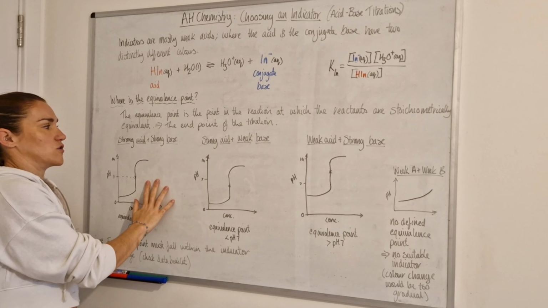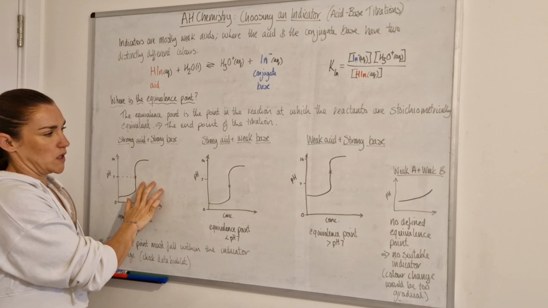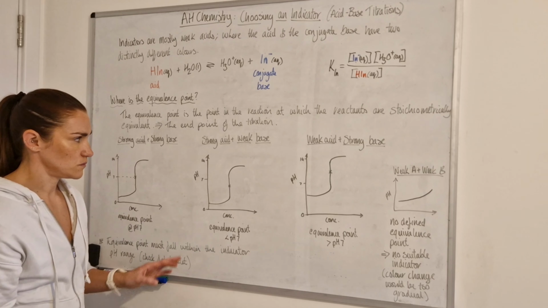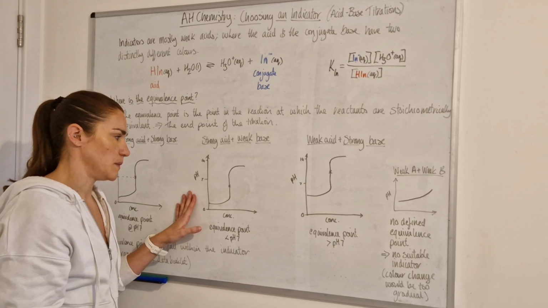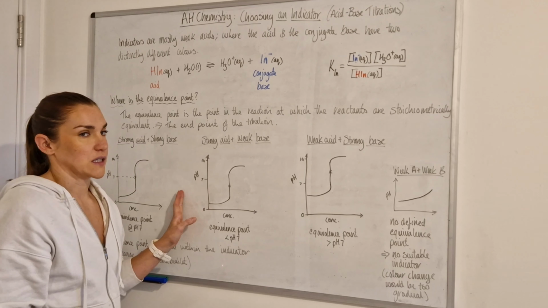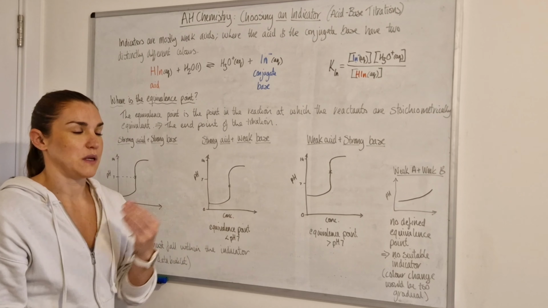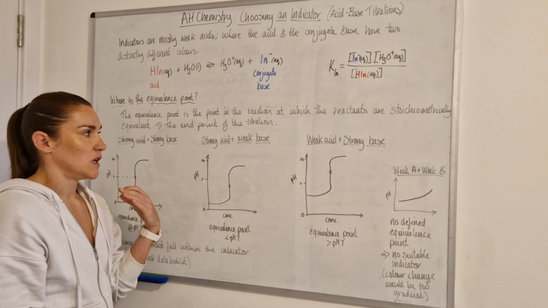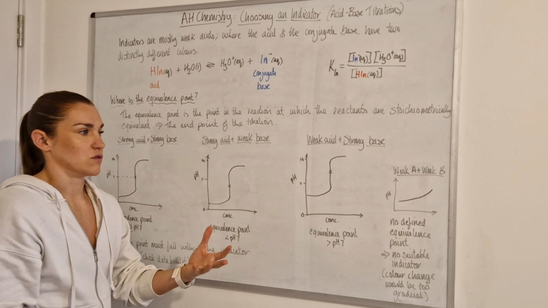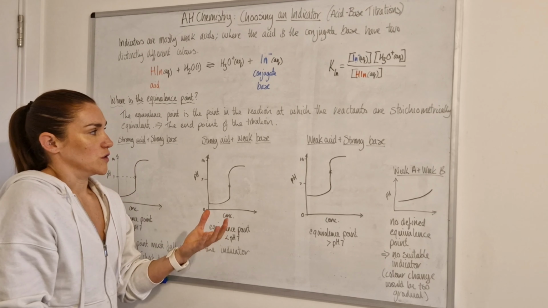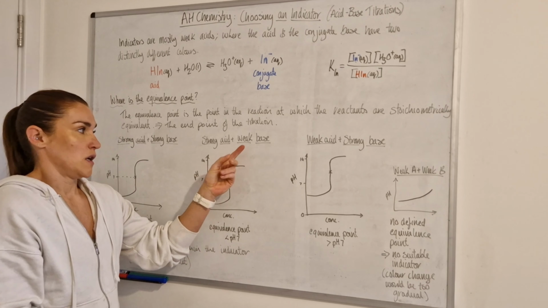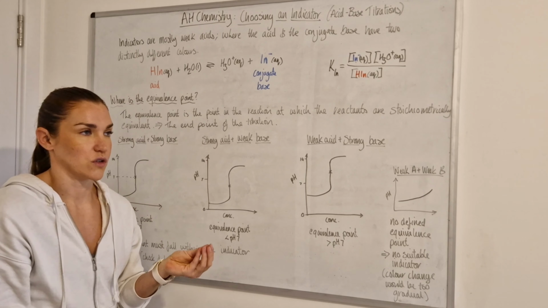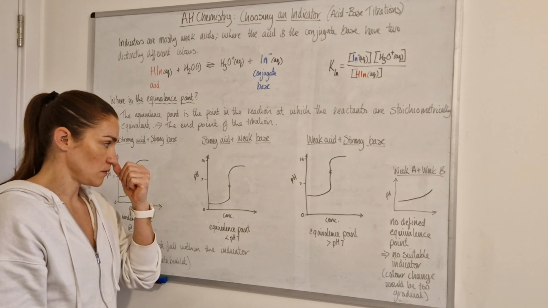So that's if you've got a strong acid, strong base, your equivalence point will be pH 7, so you want an indicator that spans across the pH range that includes pH 7. If we then have a strong acid and a weak base, if you think of it like a tug of war, the acid's stronger, which means the pH is going to be pulled below 7, because the acid's fully dissociating, meaning there's complete dissociation, and therefore there's maximum concentration of hydronium ions, whereas the weak base is going to exist in equilibrium, so the concentration of hydroxide ions is going to be slightly lower.